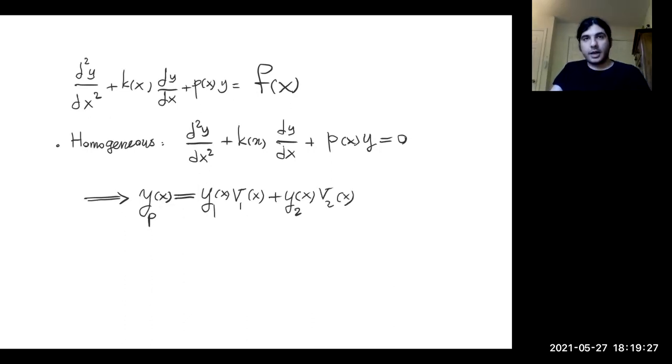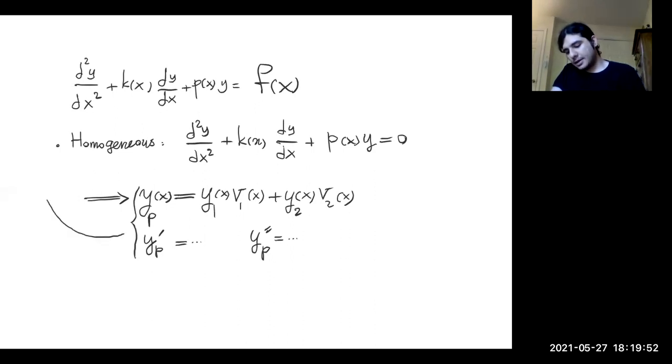Now, if we just plug this thing into our equation, what we would get is very similar to what we had on the previous page. More generally, I should compute the derivative of this thing and then the second derivative, and I would plug all three into this equation: the second derivative of y, the derivative of y, and y itself.